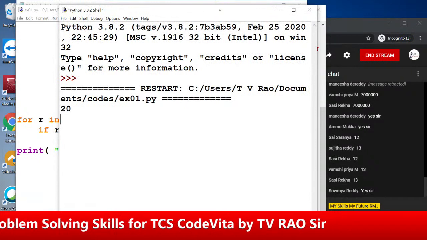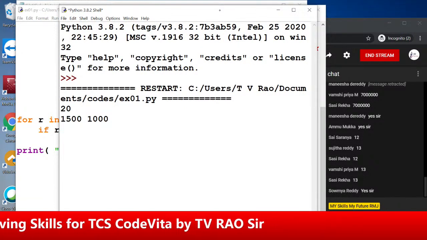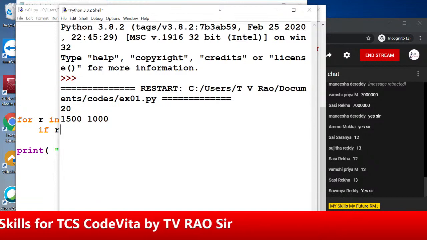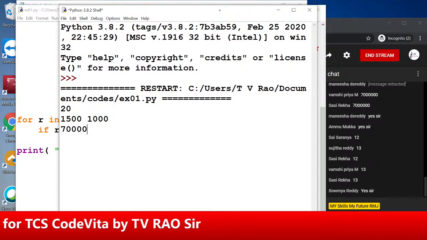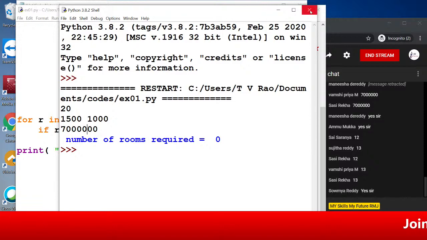How much do I put? 1 to 7,000, 7 lakhs. I put one.